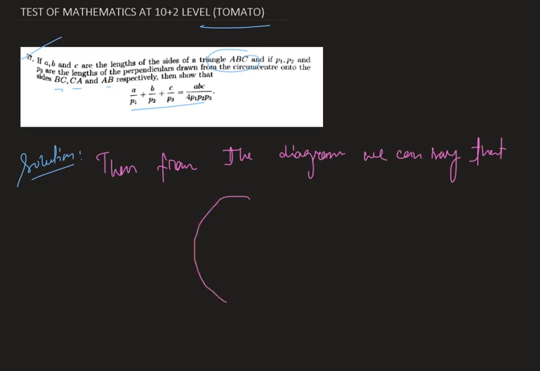This is a circle, and this is the center of this circle. Okay, and then we draw the triangle ABC.